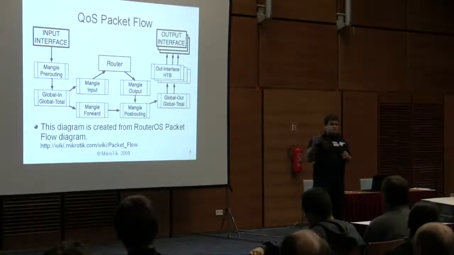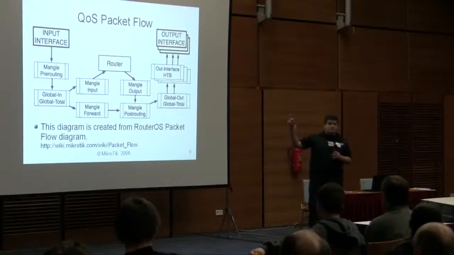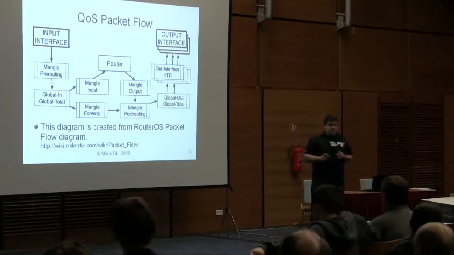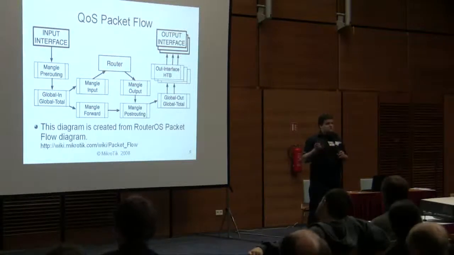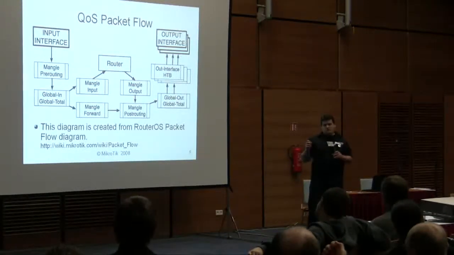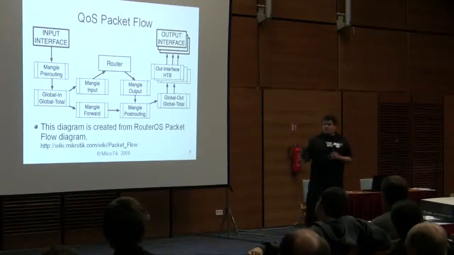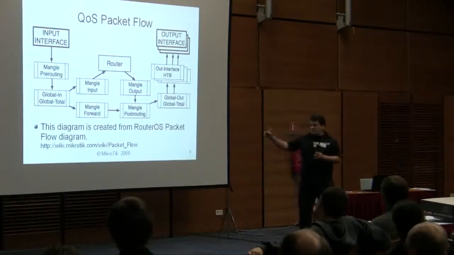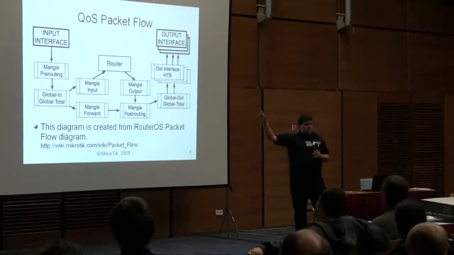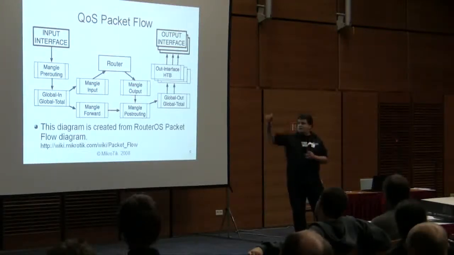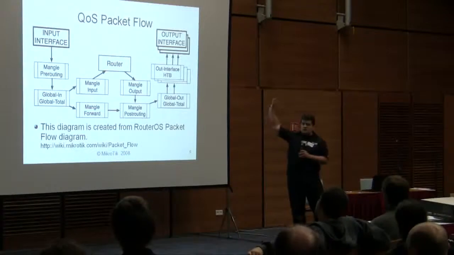All interfaces, when the packet comes to the router, are considered an input interface. Please do not make mistakes, because some of my customers who write to me think that this diagram works in one direction, and when the packet is answered, it comes back. No. All packets, no matter what packets, start over there and finish over here.